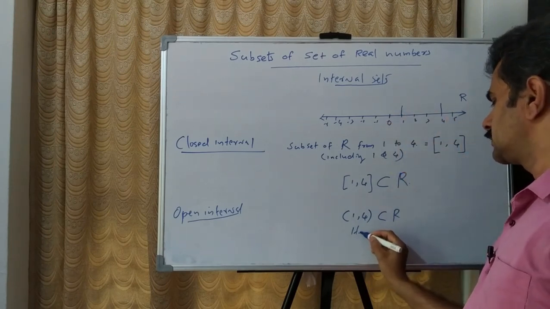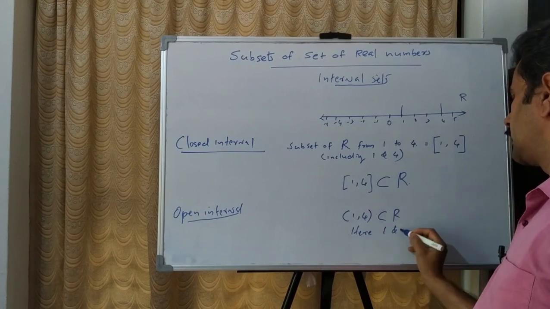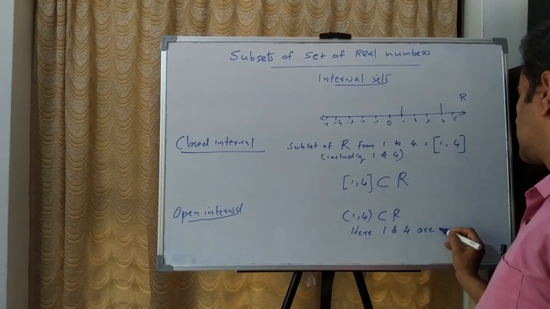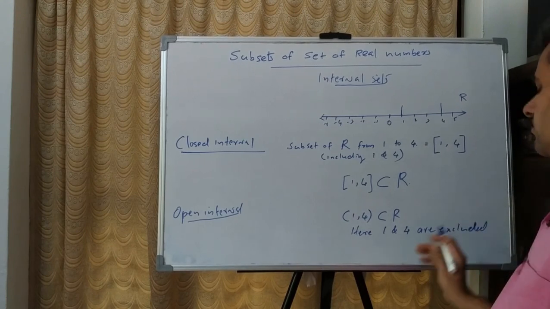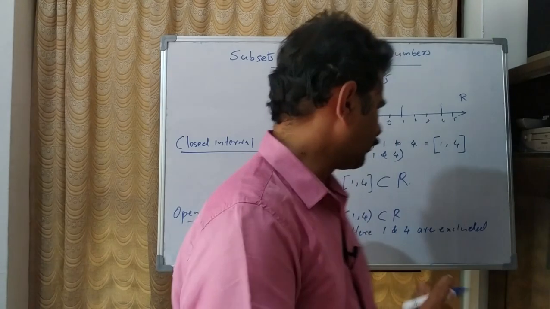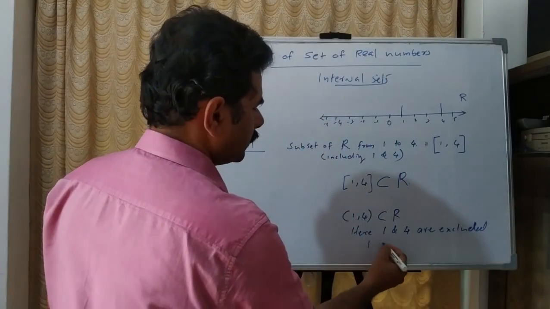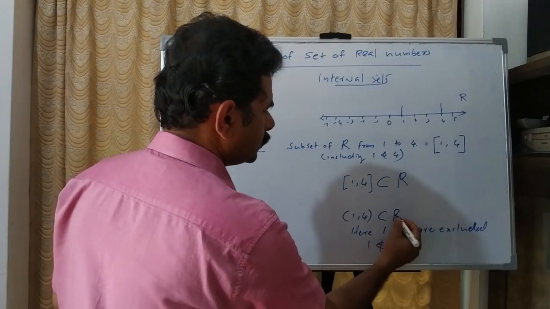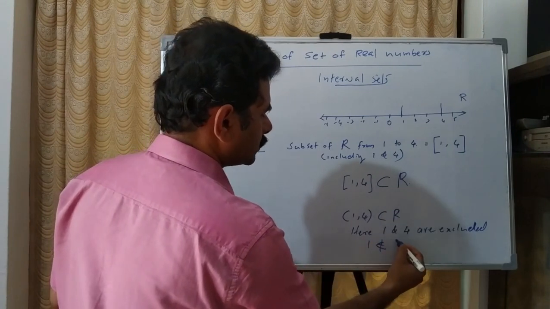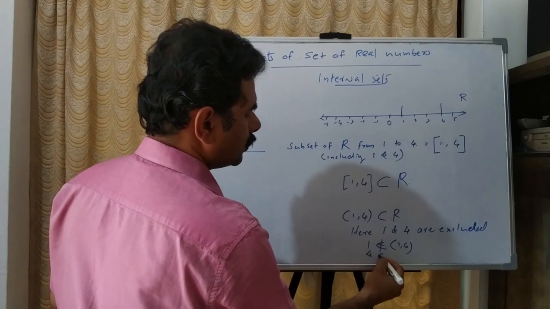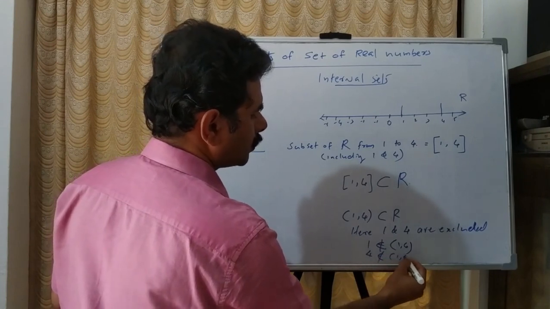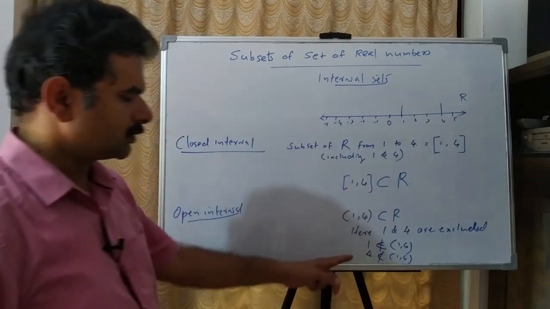Here 1 and 4 are excluded. So 1 does not belong to this open interval (1, 4). Similarly, 4 does not belong to (1, 4). This is to be remembered.